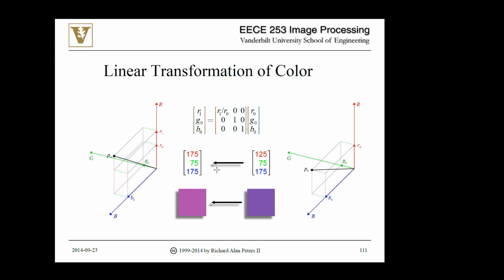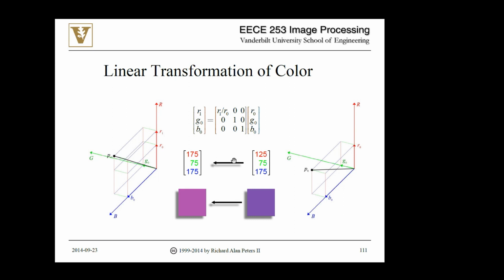Okay, so let's think of a linear transformation for color. Let's say that I apply a scaling factor to the red channel. This is my matrix. This matrix leaves G and B unchanged, but R is transformed into a scaled R. So this is a scaling of the red.